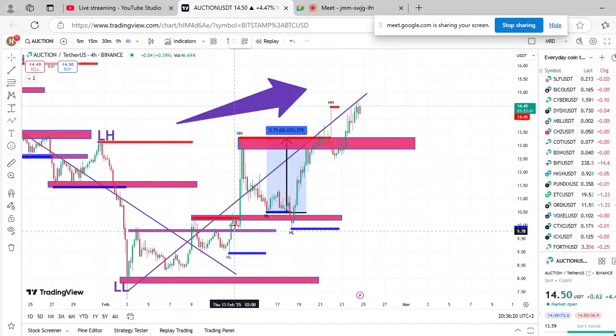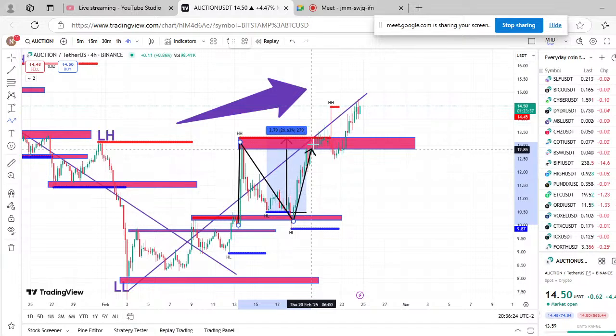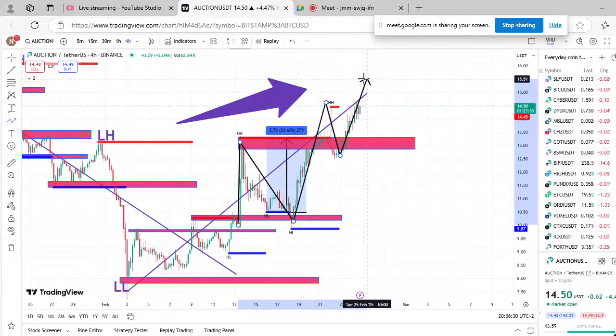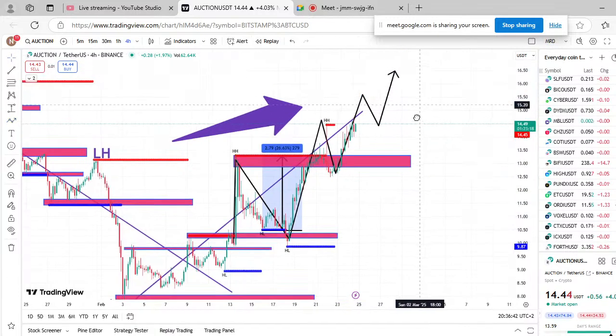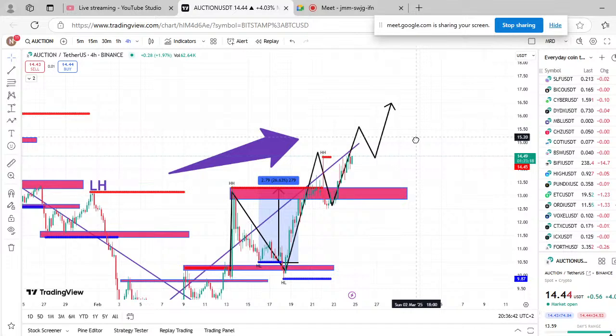So the movement was to move up, then high, then we expect this now to move and cross above the previous high. Then we may come back to form a lower high, then we go up again. Are we getting the point? So it should move like that.